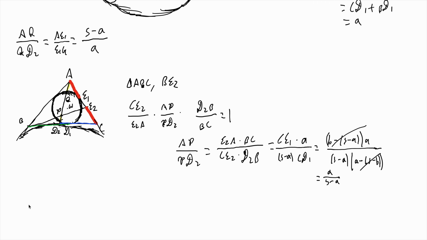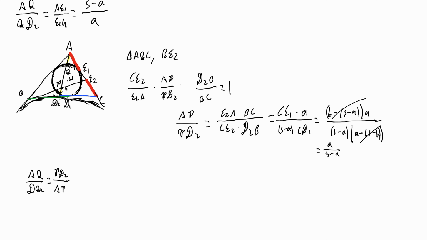Therefore, we know that AQ over DQ sub 2 is equal to the reciprocal of this. So AP over PD sub 2.